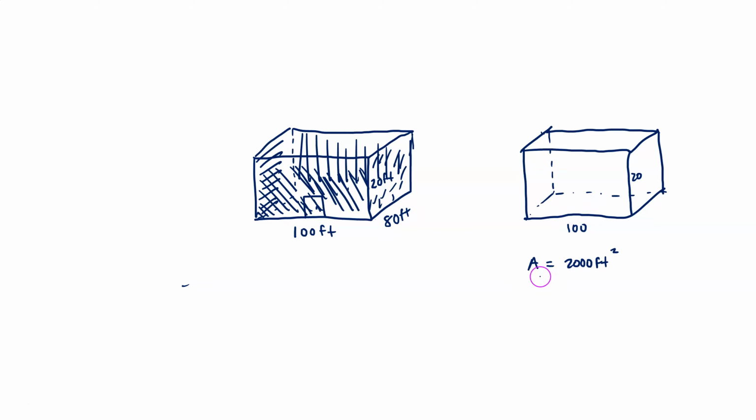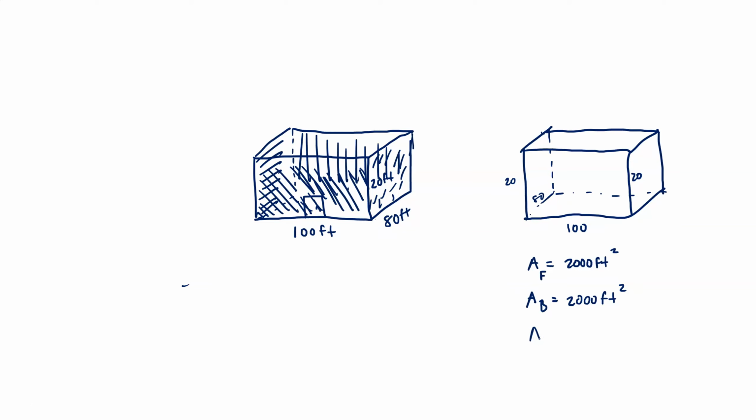And then, I'll say front for the area of the front. The area of the back of our building is going to have the same dimensions, 100 times 20. So the area of the back of our building is 2,000 square feet. And then if we wanted to talk about the left side of our building, it's still 20 feet high, but now it's 80 feet long.